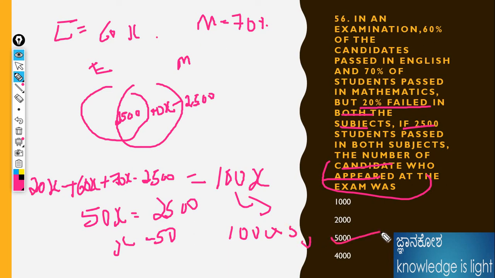Among them 2500 students passed in both subjects, and the remaining 20x failed. If the question asks for the failed ones, 20 into 50 is 1000 students failed, and 2500 passed both subjects.